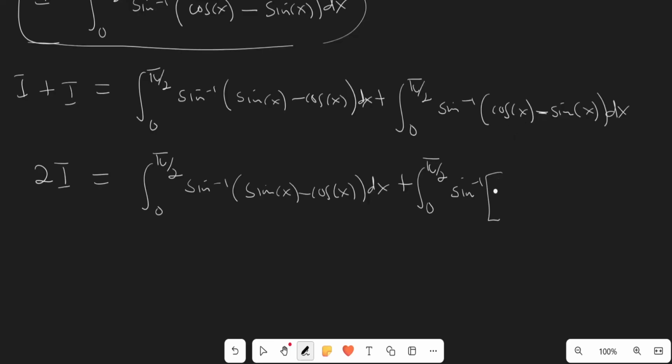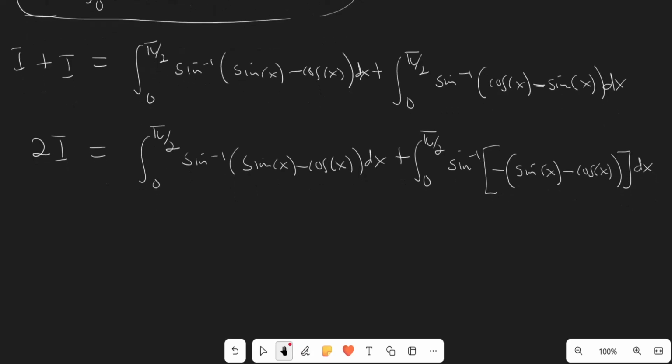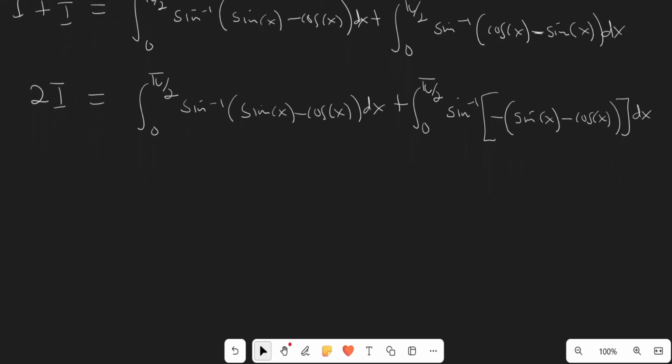If you factorize negative out, what you are going to be left with is sine of x minus cosine of x, like this dx. And we know that sine inverse function is an odd function. So if you have sine inverse of negative x, that is the same as negative sine inverse of x.